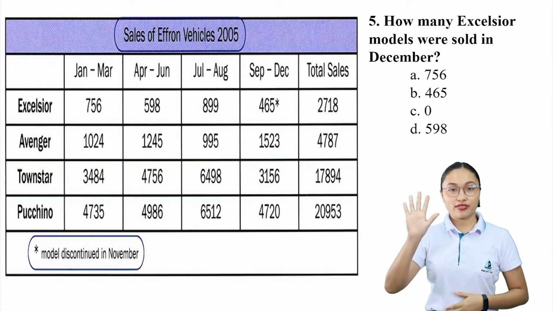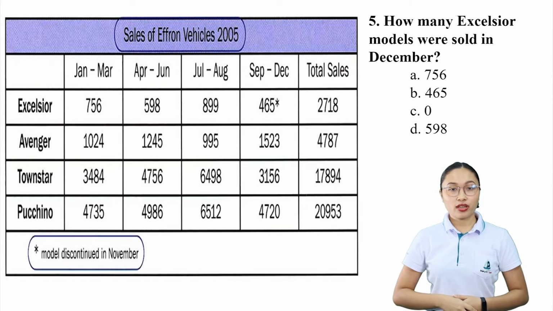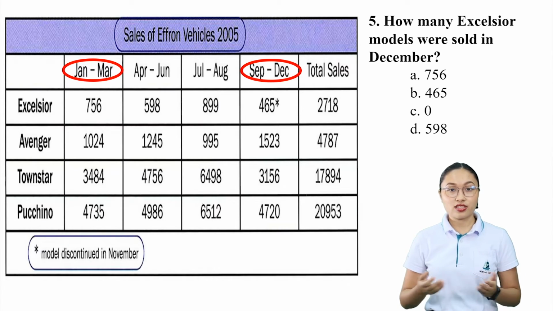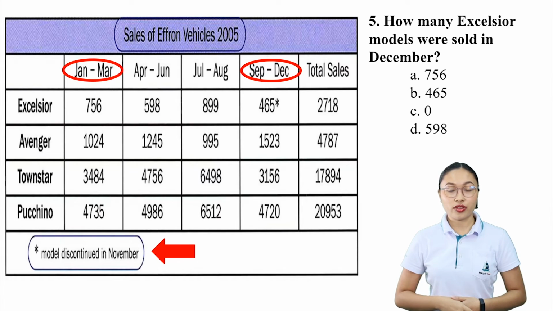Question number 5. How many Excelsior models were sold in December? Letter A, 756, are the figures sold from January to March. Letter B, 465 are the figures sold in the month of September only, as noted in the chart that the model was discontinued in the month of November.